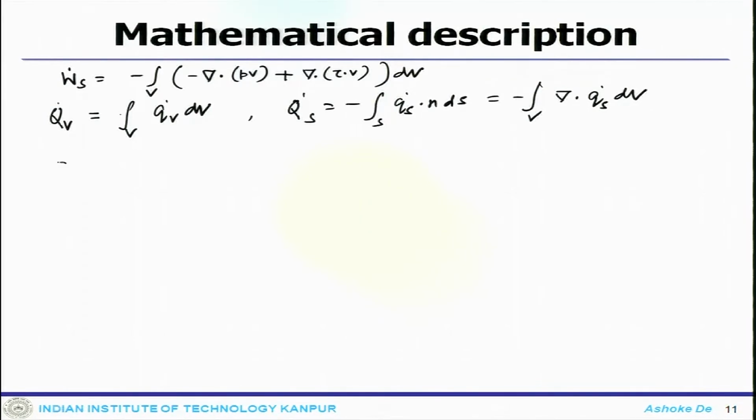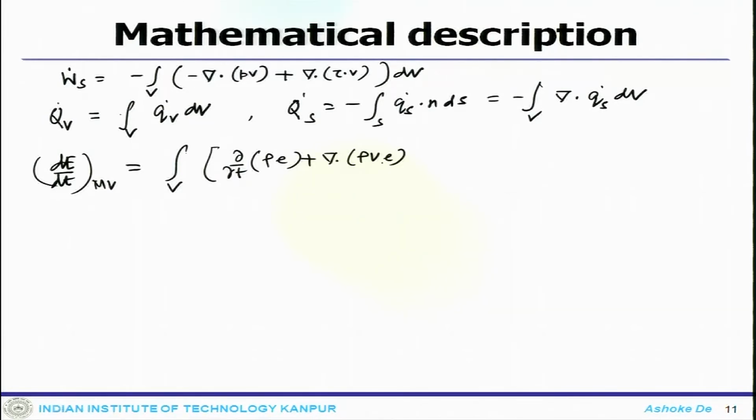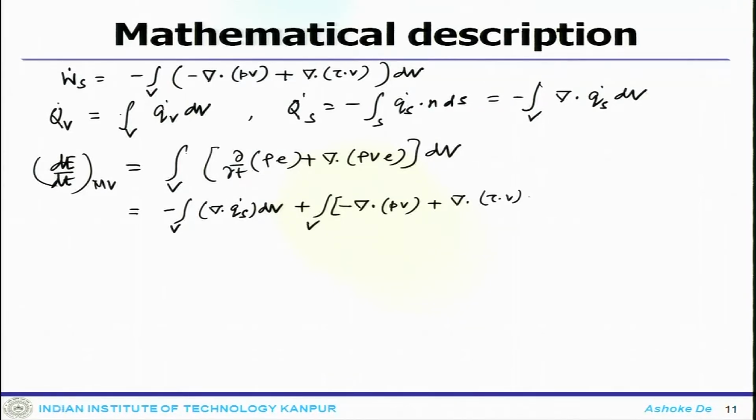So, now if I put them together in my energy equation, dE by dt for the material volume equals the integral over V of del by del t of rho E plus del dot rho V E. This is the left hand side, this equals minus the integral of del dot Q S dV plus the volume Q, minus del dot P V plus del dot tau dot V, plus dV. So, these are essentially all the components that you get.